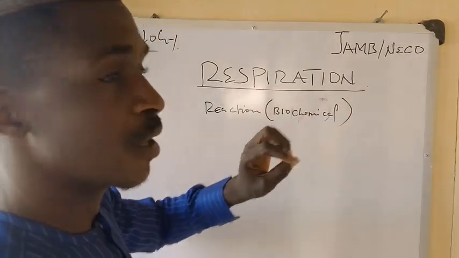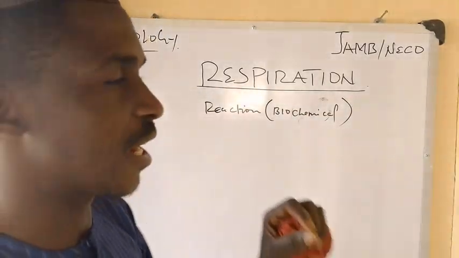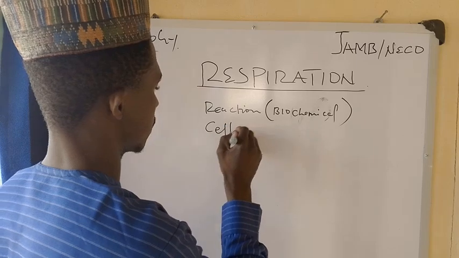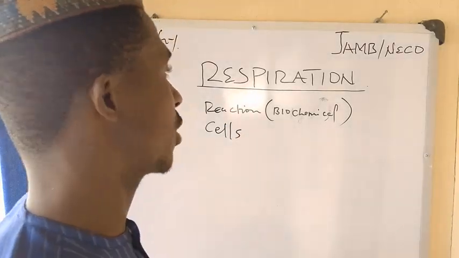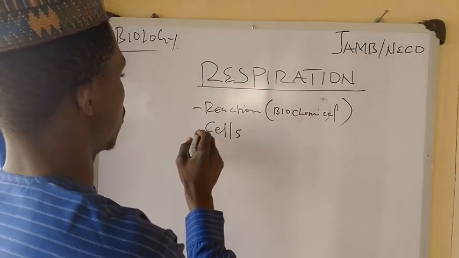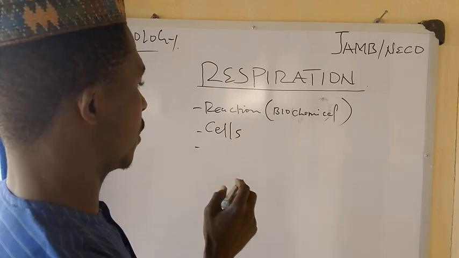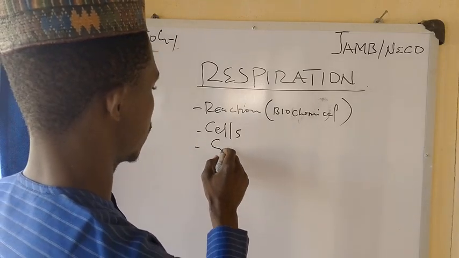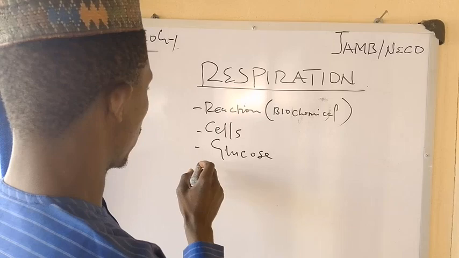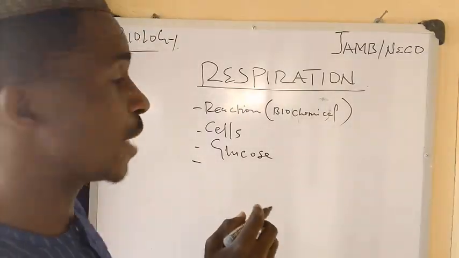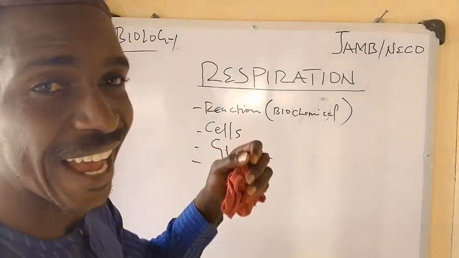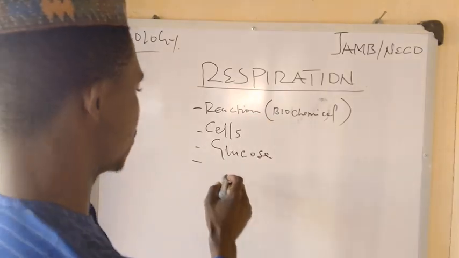Then secondly, another term that is most important is the cell. We must talk about cells when defining respiration. Then the next thing, you must talk about glucose. We must mention the word enzymes, so we are also looking at the roles that enzymes play when it comes to respiration.